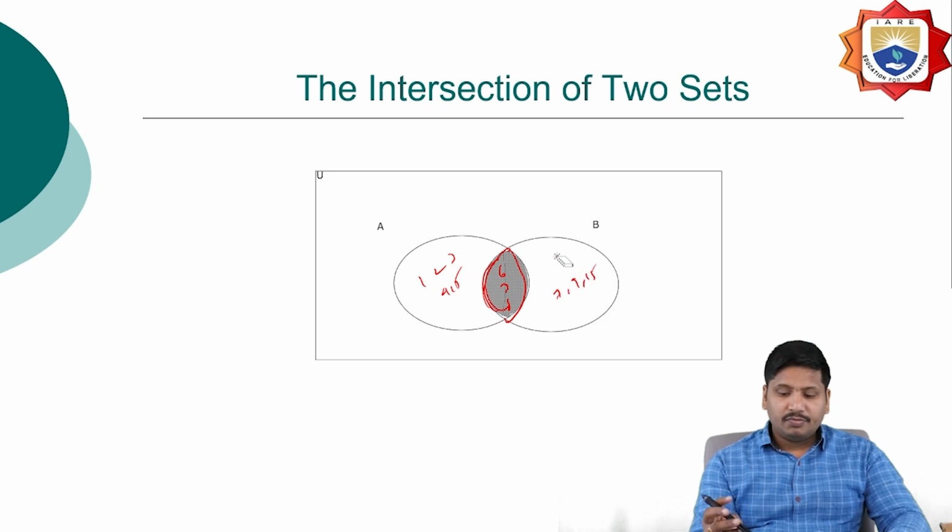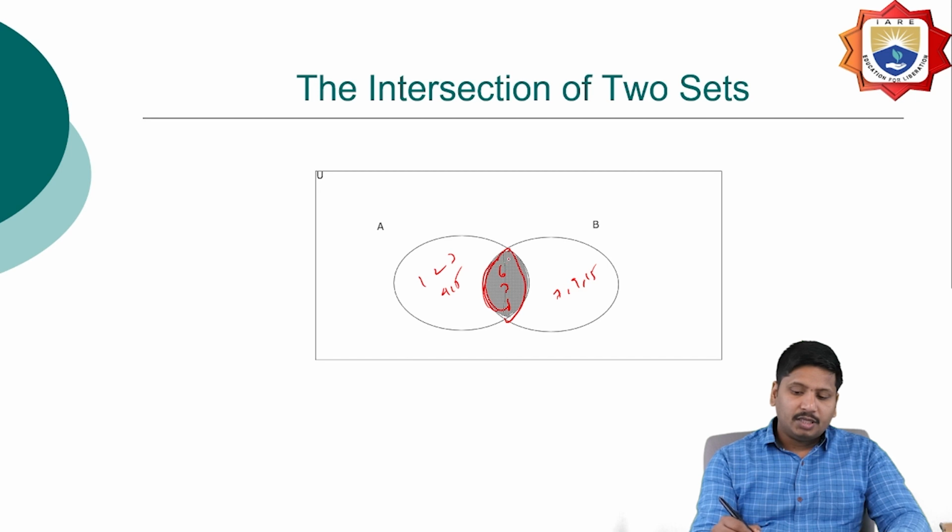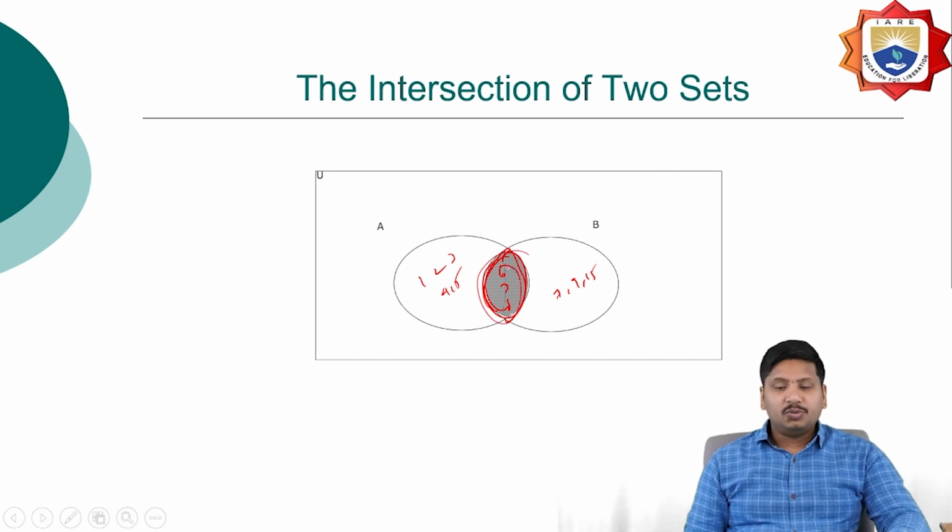The elements which are common in set A, that is 6, 7, 8, and in set B are also 6, 7, 8. So that is the representation of the intersection of two sets.